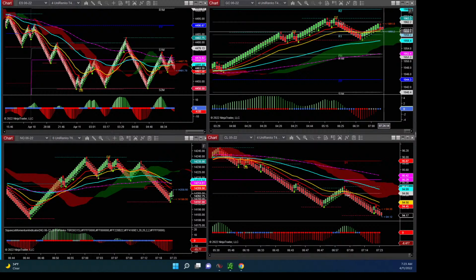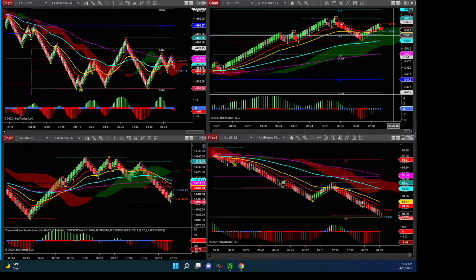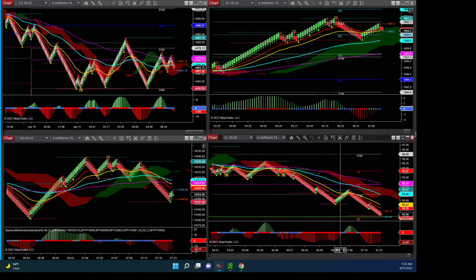If this one closes below 1958, 1959, then crude keeps going down. Crude already made a move, so that's why I'm not taking any trade here.